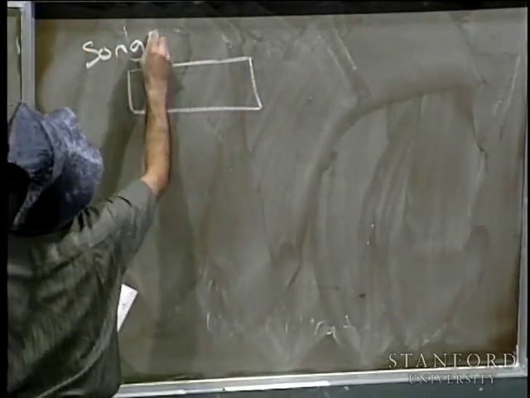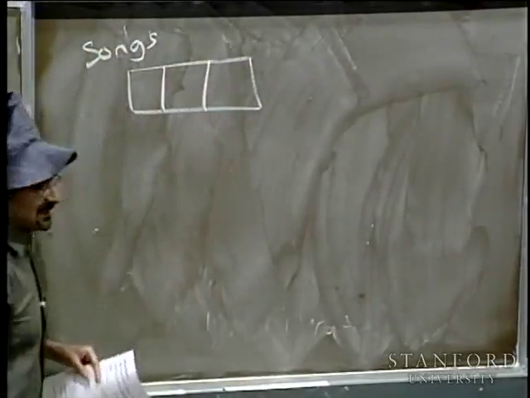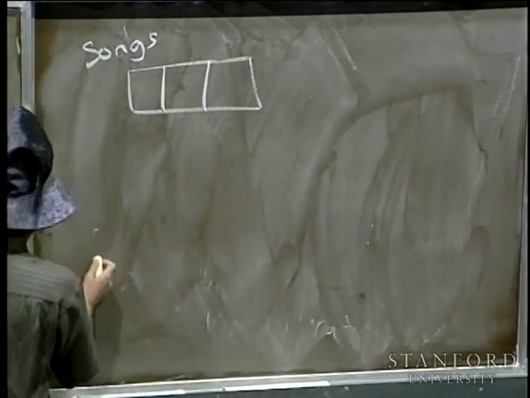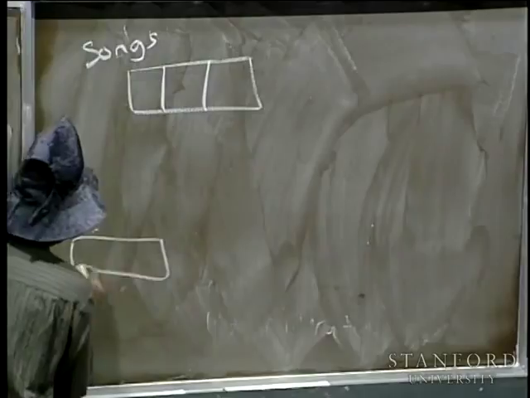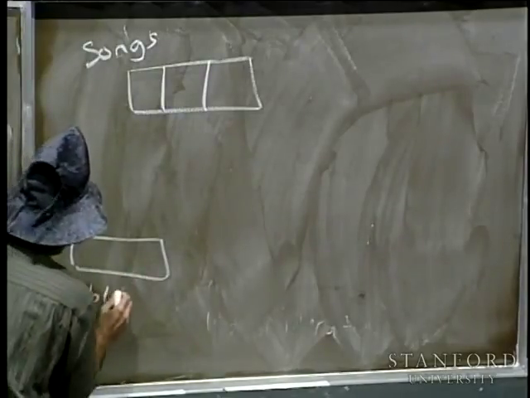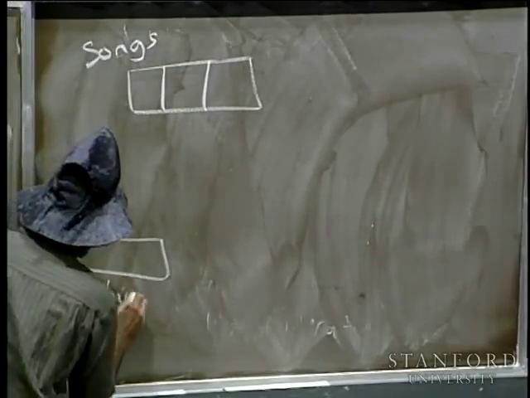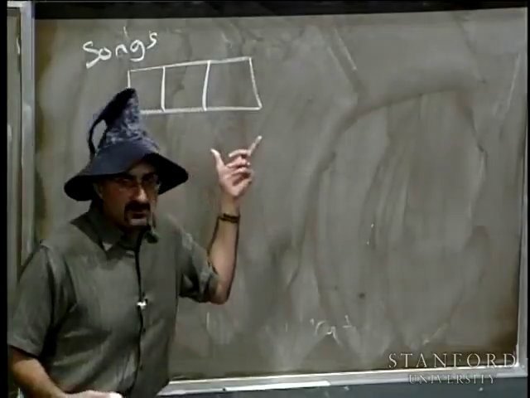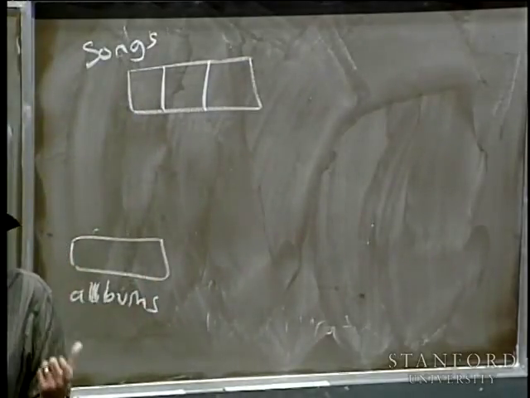So here's songs, and songs is an array list, and let's say at this point it has 3 songs in it. And over here we have albums, a hash map that maps from the names of an album to a particular album object. Now, the important thing to keep in mind, and this is the whole key to big data structures, is that all objects, when you refer to them in Java, are references to objects.